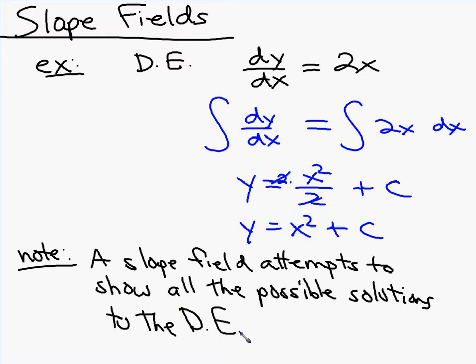That's what a slope field tries to do. So let's look at how it does that. Let's take this differential equation that we just worked with and see how a slope field does this.